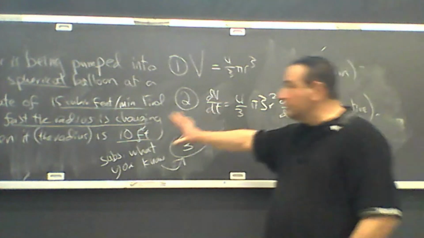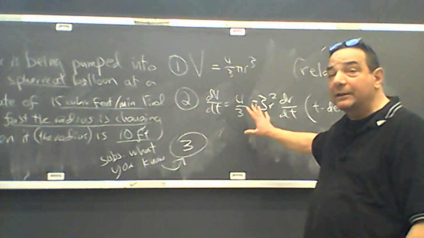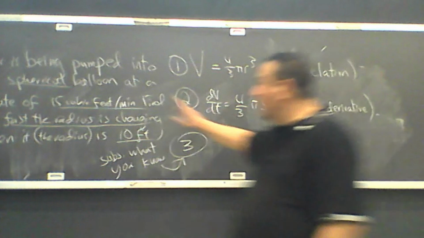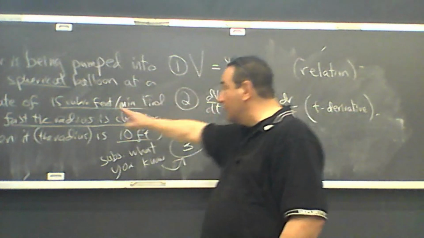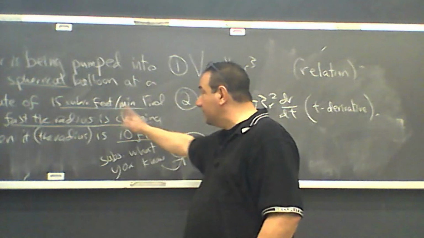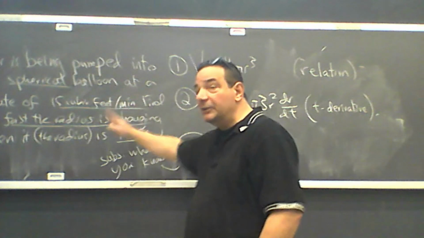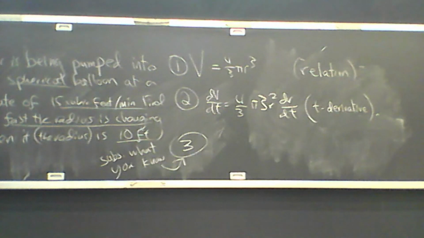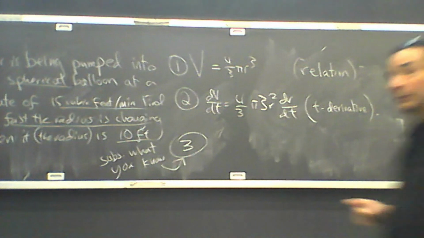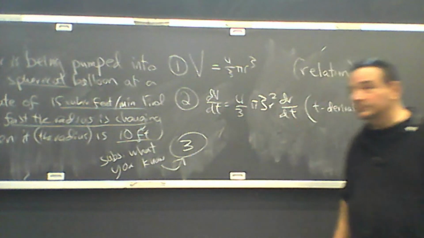Well, in order to do that, I like to reread the problem because now we have the variables we need. Okay? So I say, okay, air is being pumped into a spherical balloon, got it, a sphere, at a rate of 15 cubic feet per minute. Where do you think that 15 goes? dr dt, r, or dv dt? dv dt.